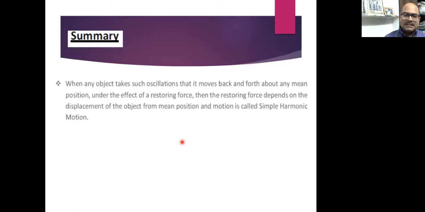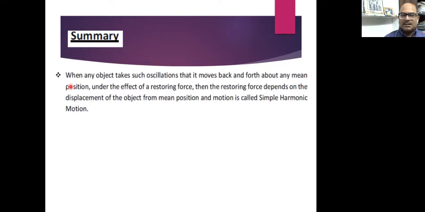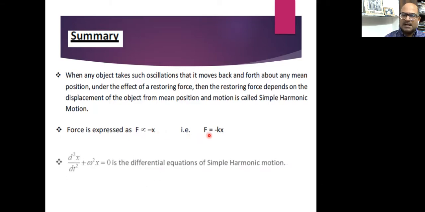So if we summarize, then we can have the definition of SHM. If any object oscillates such that it moves back and forth about a mean position under the effect of a restoring force, and the restoring force depends on the displacement of the object from the mean position, the motion is called simple harmonic motion. So this restoring force is directly proportional to the negative of the displacement.